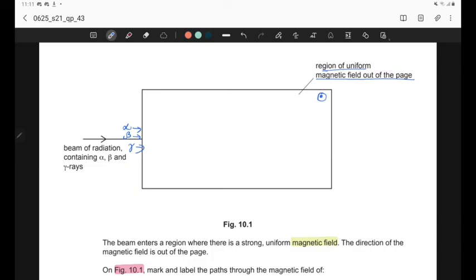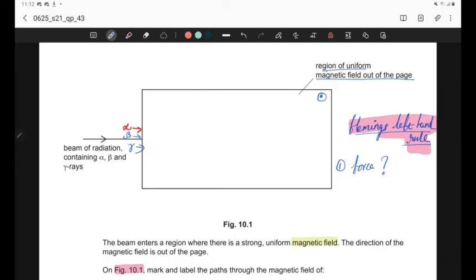Now we can see what will happen to the alpha particles. In order to check the direction of movement of an alpha particle in a magnetic field, we can use Fleming's left hand rule. Here we have to use our left hand and the first three fingers. The first finger, that is the thumb, should point along the force, and here we are going to find in which direction the force will act.